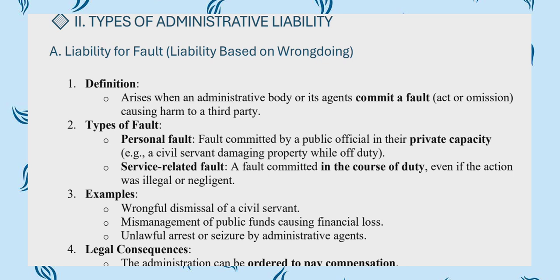That's an example of a service-related fault. Unlawful arrest of an individual, seizure of properties by administrative agents, and so on. So those are examples of administrative liability due to faults, either by reasons of negligence or illegality.